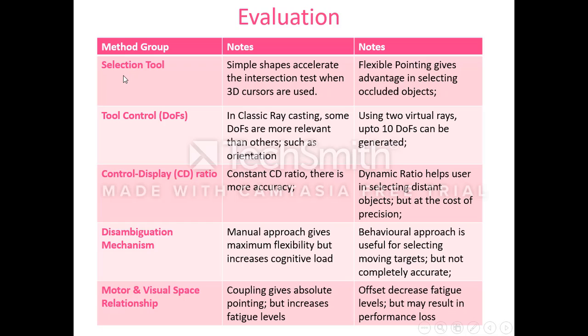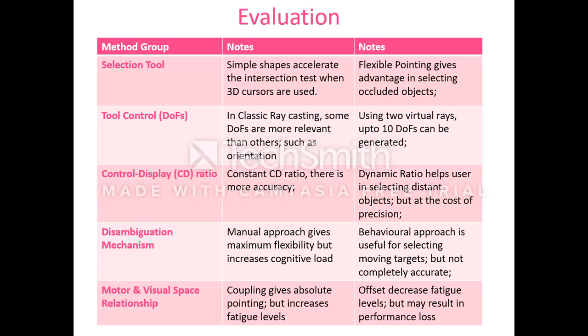So based on selection tool, if you want simplicity and it's a simple model, then you can have 3D cursors such as we've discussed, cones, cubes, or spheres, simple shapes, so that the intersection test is fast. And if there's a complex environment and there are many objects including other objects, then you can use rays using flexible pointing, so you will have an advantage in that scenario.